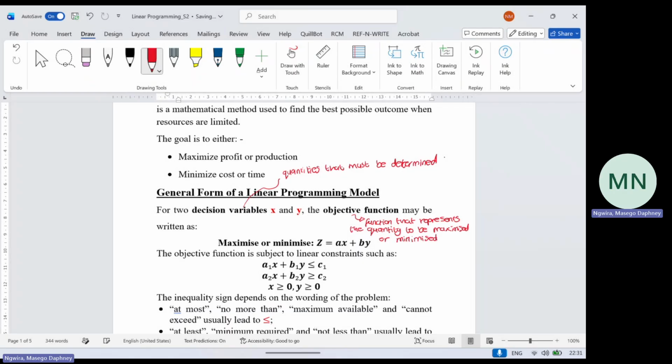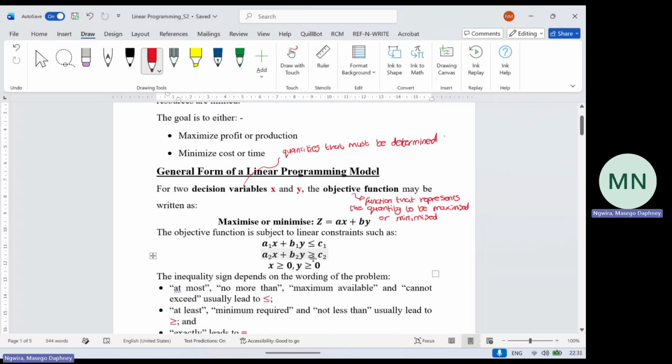And then the objective function is subject to linear constraints, such as these. A and B are your coefficients, as you will see as we go on with the examples. We have a less than, and sometimes it can be greater than or equal to.